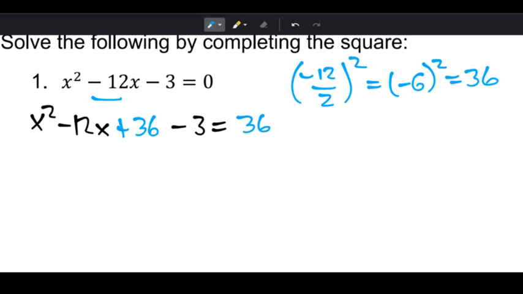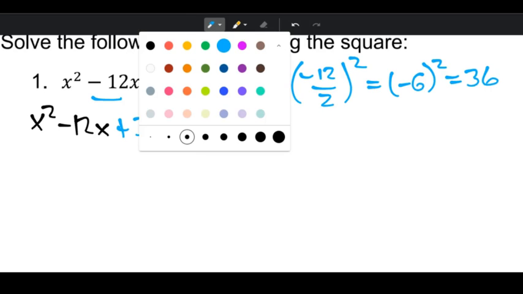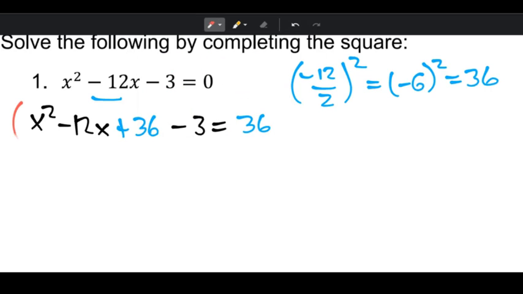We are adding this missing piece to the left side because when you do this, you have what's called a perfect square trinomial. These first three terms are a trinomial that is a perfect square. It's something squared, and it's very nice when you factor it. This one happens to be x minus 6 quantity squared.